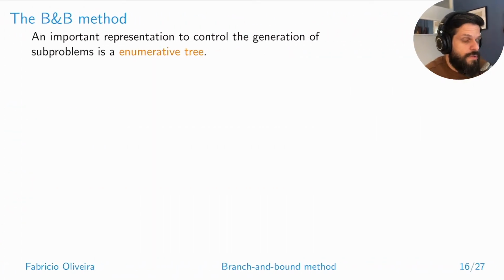So in order to control how we generate subproblems and make sure we're keeping track of the way they are generated, we use the notion of an enumerative tree. These are tree structures that you probably see in a programming course.